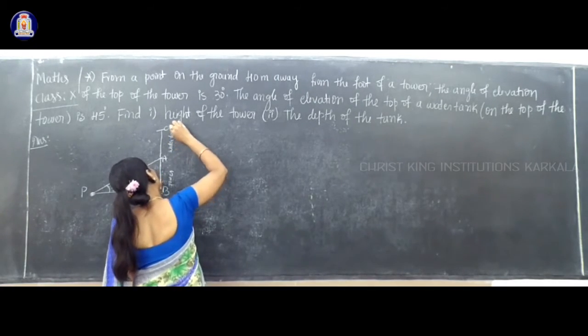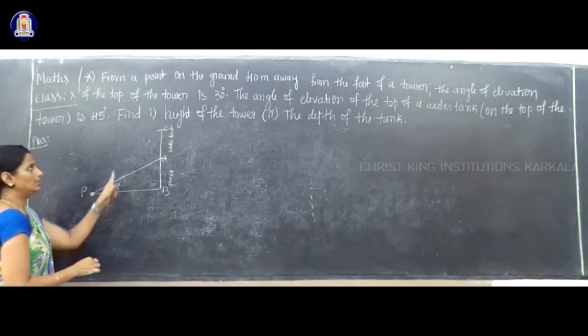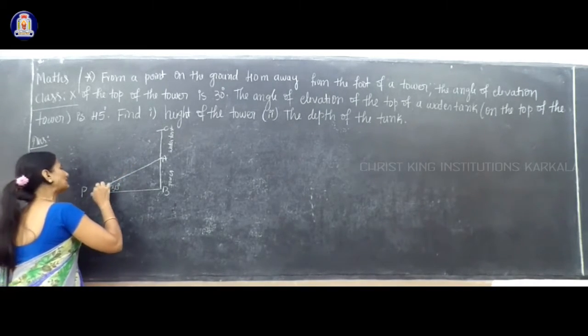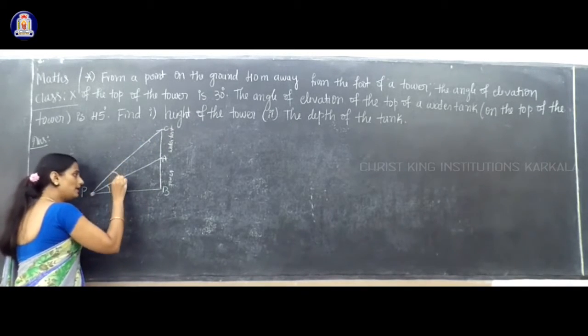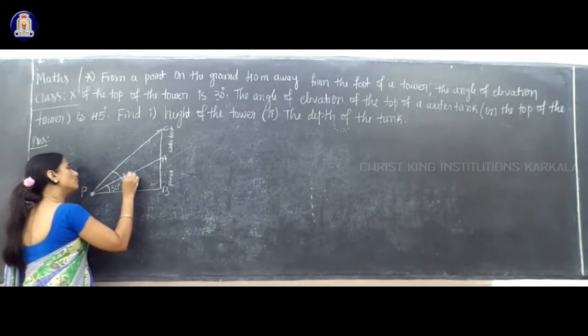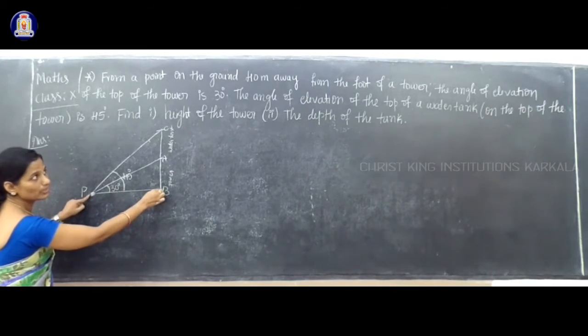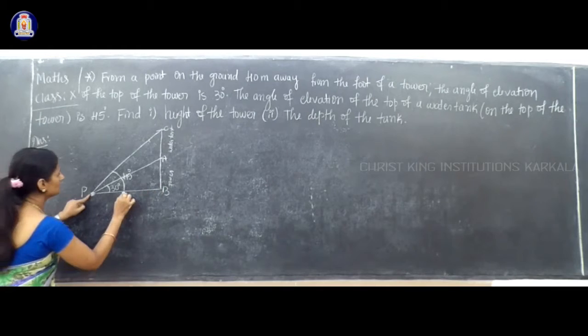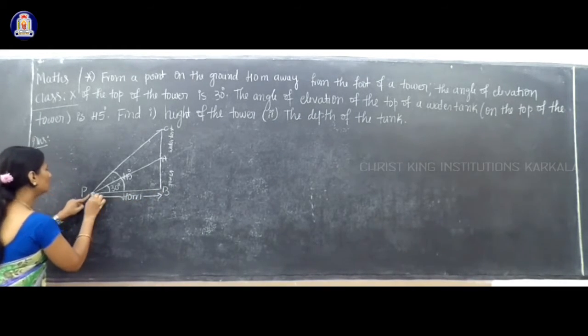To the top of the tower, the angle of elevation is 30 degree. To the top of the water tank, the complete angle of elevation is 45 degree. And the distance between this point and the foot of the tower is 40 meter.